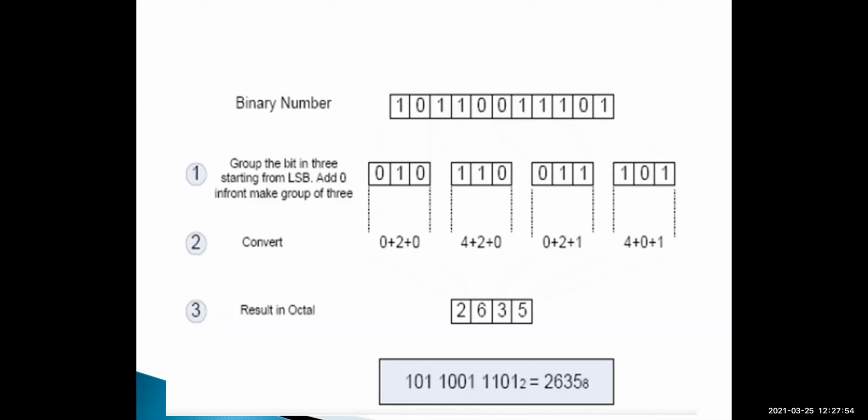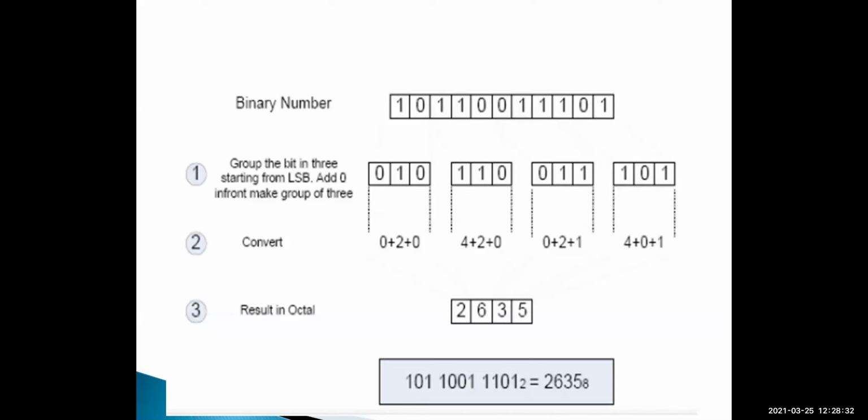88. Present, sir. 89. Present, sir. 90. Present, sir. 91. Present, sir. 92. Third year, okay. 93. Present, sir. 94. Present, sir. 95. 97. Present, sir. 98.